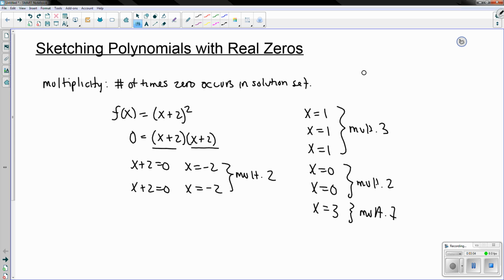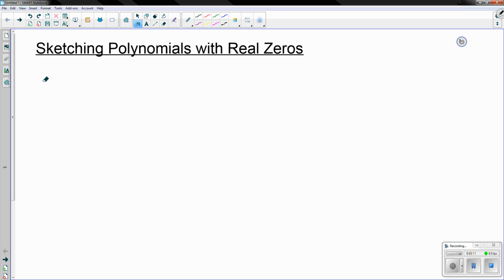Now, what we want to pay attention to with the multiplicity is whether or not that multiplicity value is even or odd. So odd multiplicity versus even multiplicity. And I'll spell it out. Odd multiplicity is going to mean that the function is going to cross over the x-axis at that real 0.